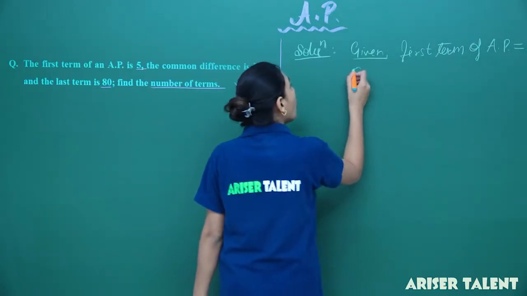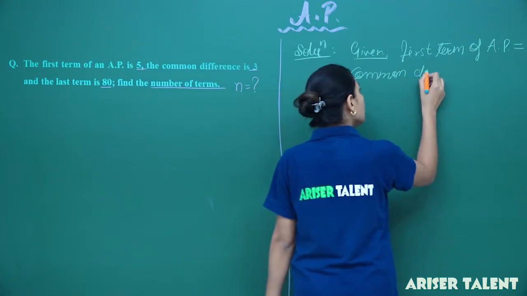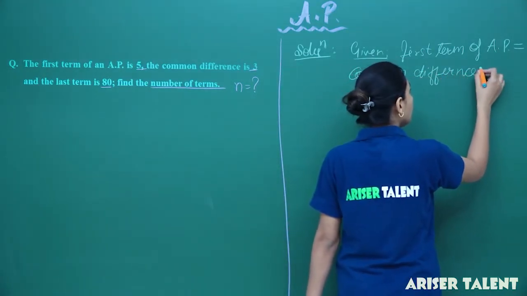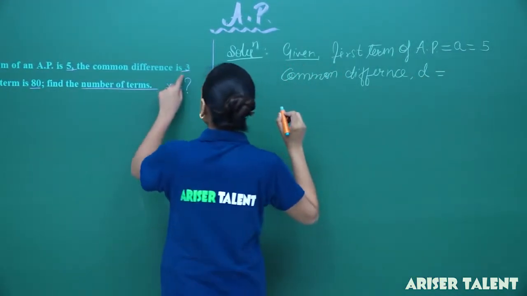Then the common difference, which you denote by D, is given as 3.